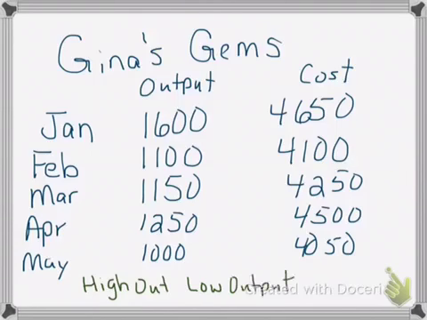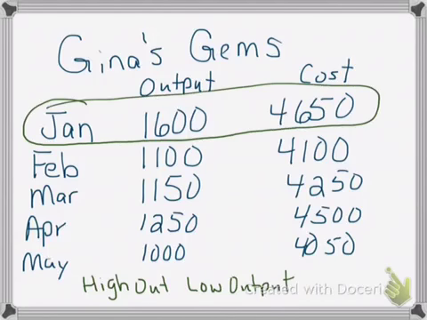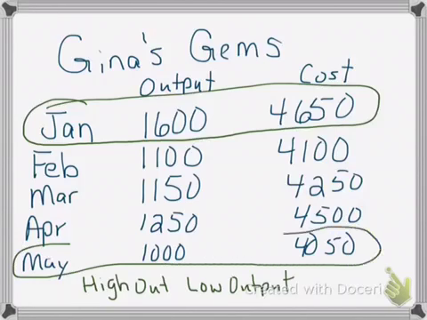So when I look at these amounts, the highest output that we have is January, and that is going to be 1,600 units. The lowest output that we have is going to be May, and that is at 1,000 units.